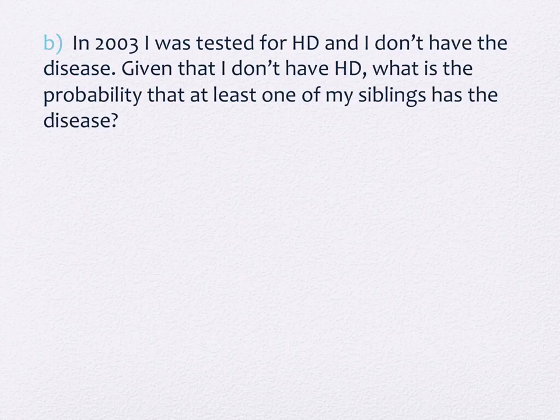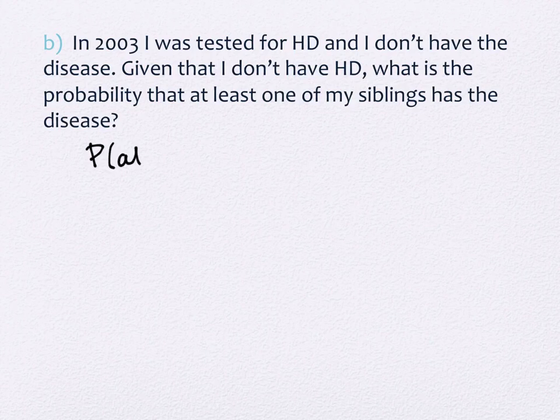So the last question we're going to look at today is, what is the probability still that at least one of my siblings has the disease? So it's the same question that we asked before. It's 1 minus, or well, let me write it this way.